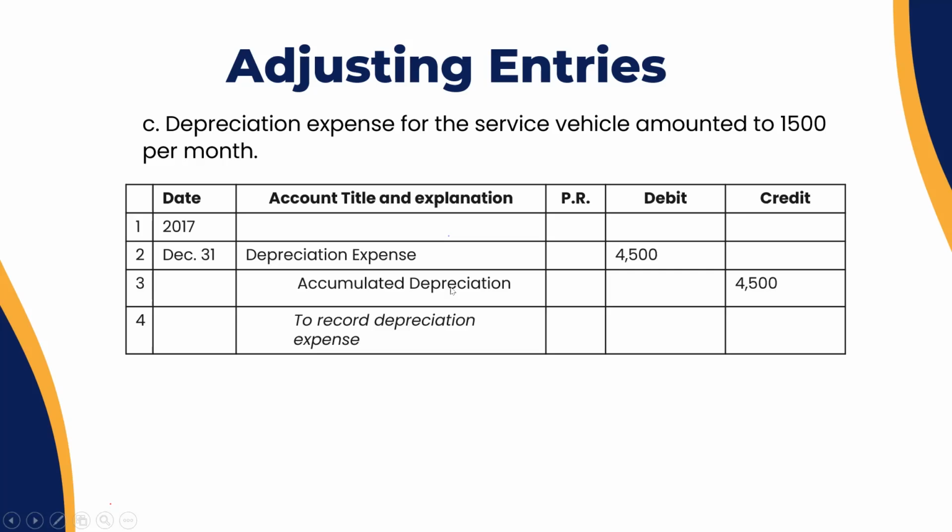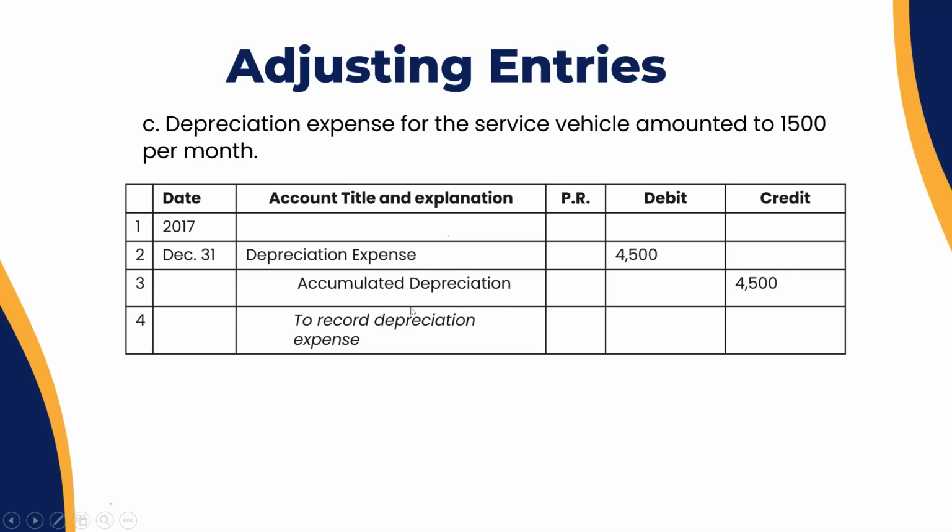So, si accumulated depreciation, ito yung value, kunyari, ang value ng sasakyan is 195,000, 'di ba? As time goes by, day by day, like our monthly, yearly, nagde-depreciate yung vehicle mo until such time na yung accumulated depreciation mo, malapit na din siyang maging 195,000.